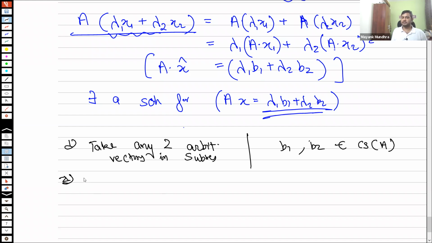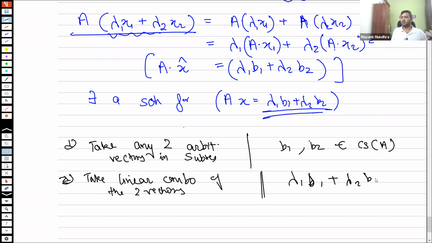Step two is to take a linear combination of the two vectors. That's what we did when we took lambda 1 b1 plus lambda 2 b2.